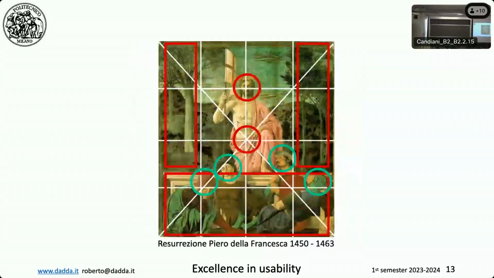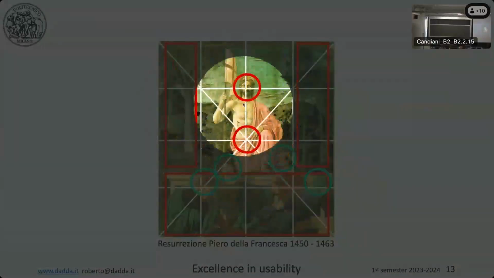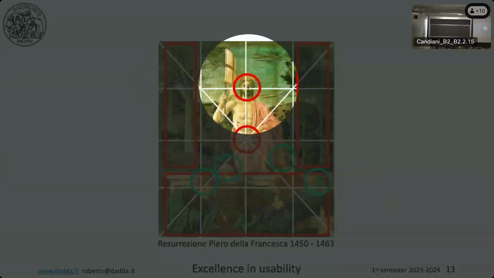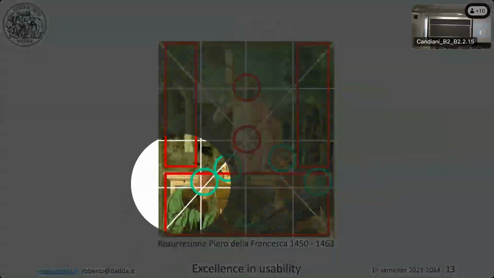On the other side, in paintings, especially in liturgical painting, equilibrium and position are used to give the idea of things. In this case, these two figures, Jesus Christ, are in the center and the others are down in this position.